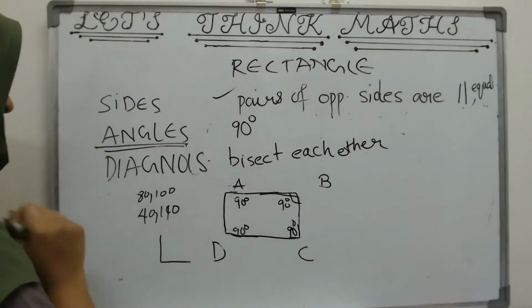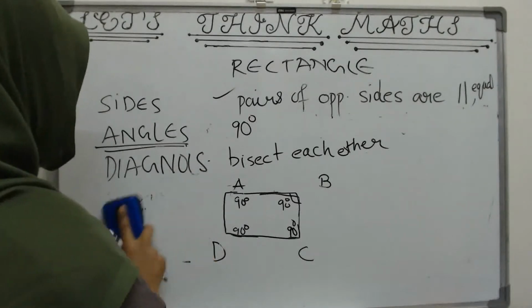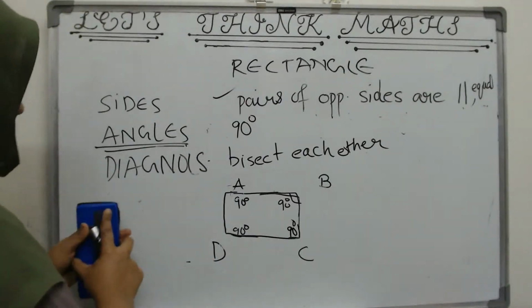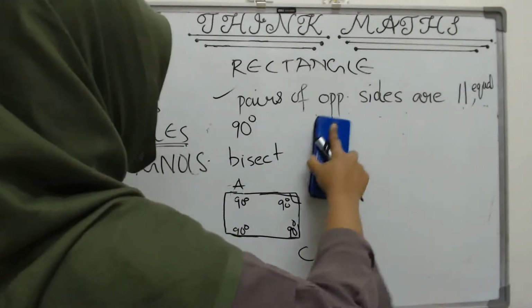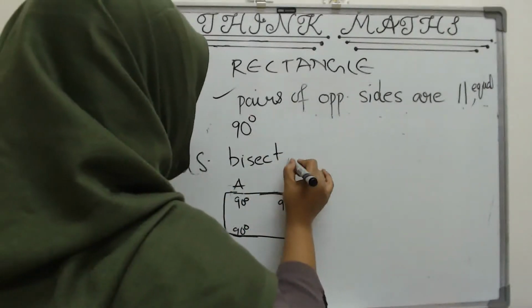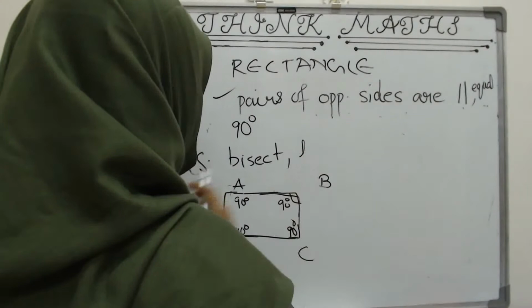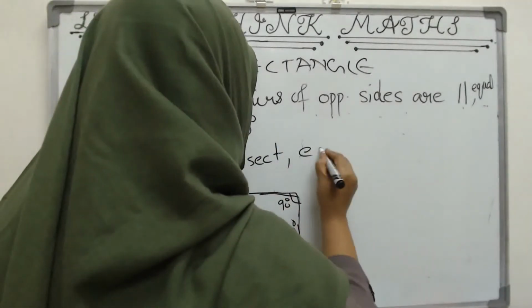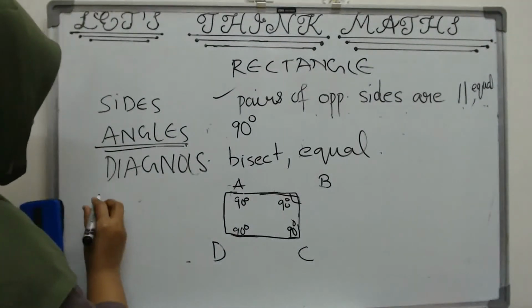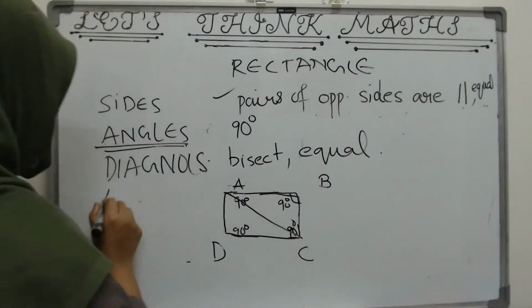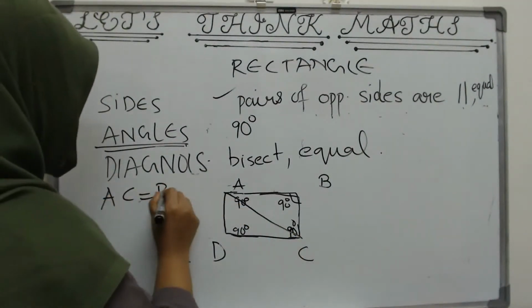And what about their diagonals? Their diagonals have one extra quality. They bisect each other. That is true. But then they also have to be equal. That means AC is equal to BD.